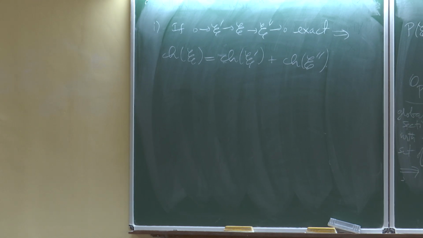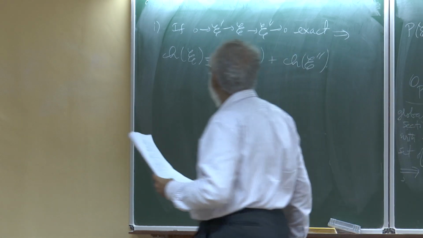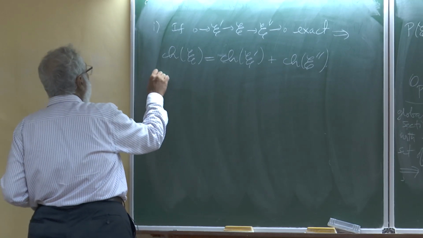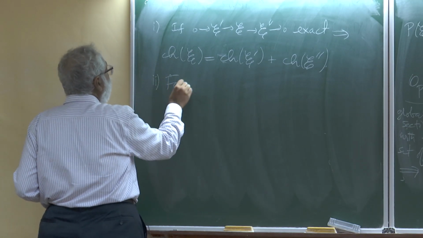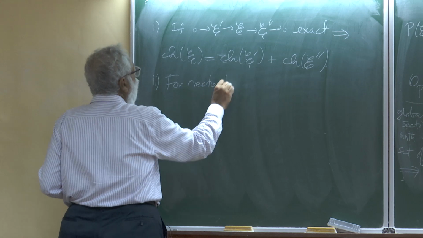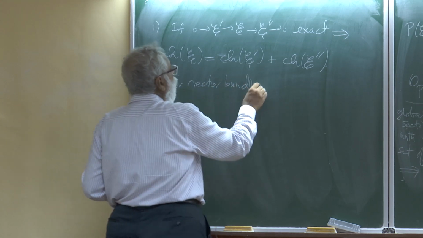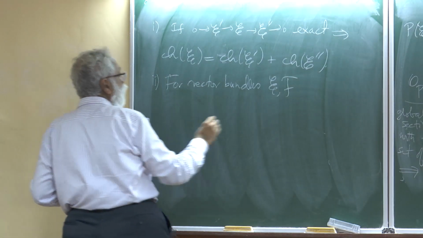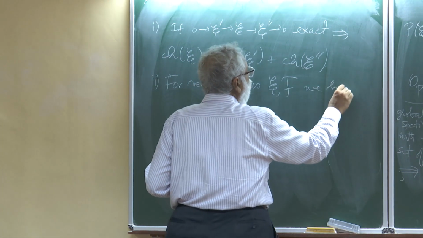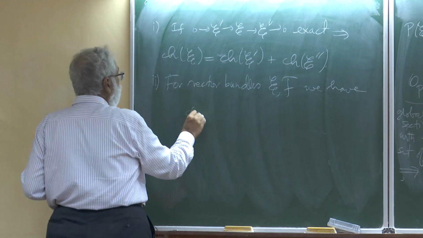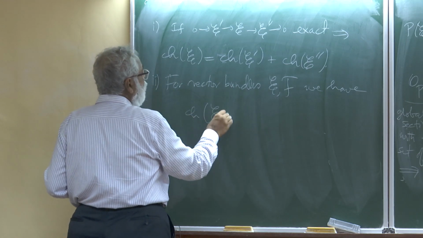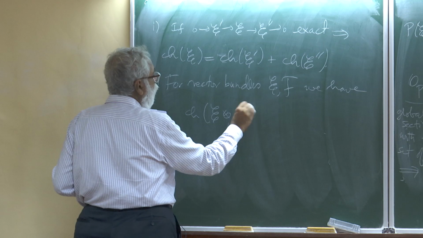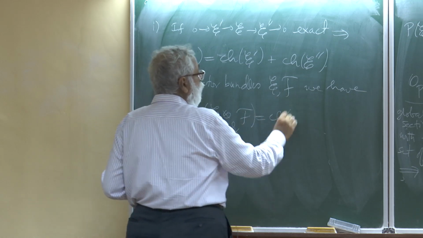But there's another remarkable property. For vector bundles E, F, we have that the Chern character of E tensor F is the product.